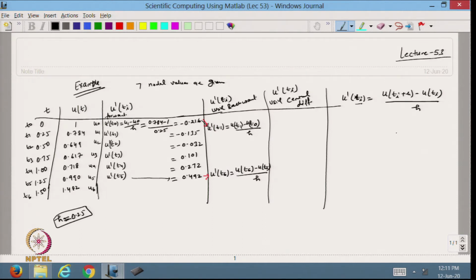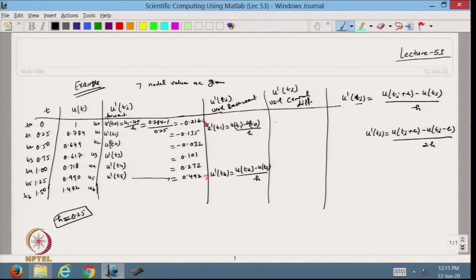In the central difference, I know that u dash at ti is equal to u at ti plus 1 minus u at ti minus 1, divided by 2h. So in this case I am going one step forward and one step backward, divided by 2h.